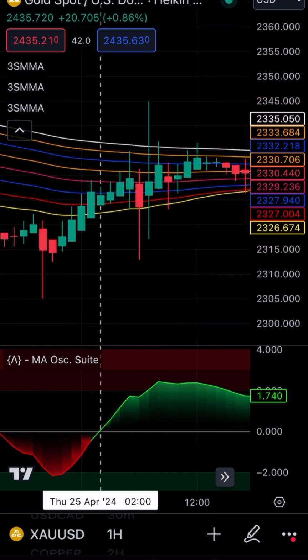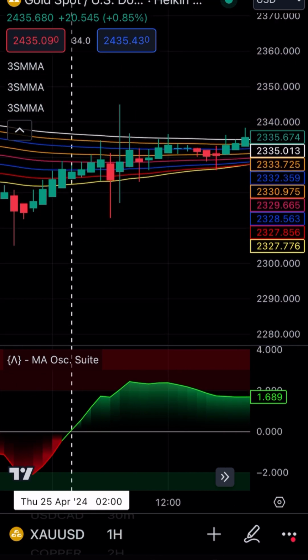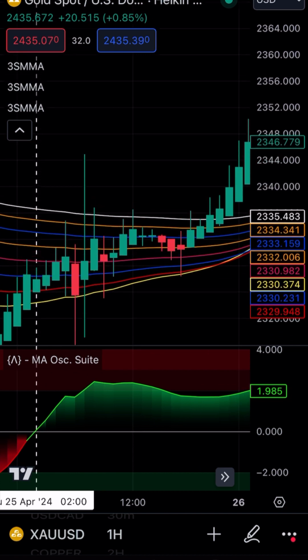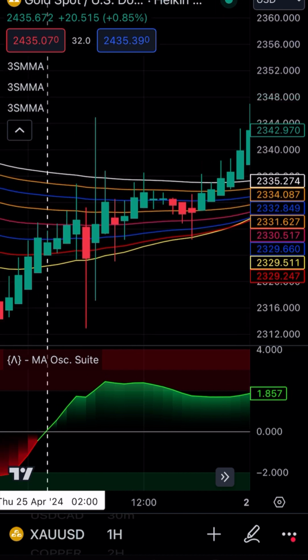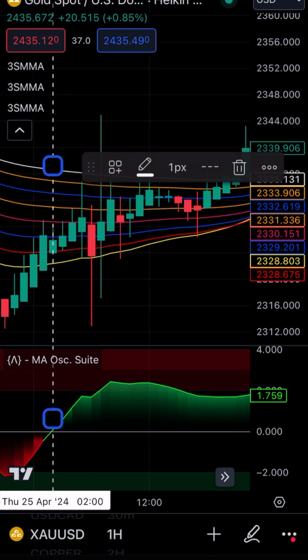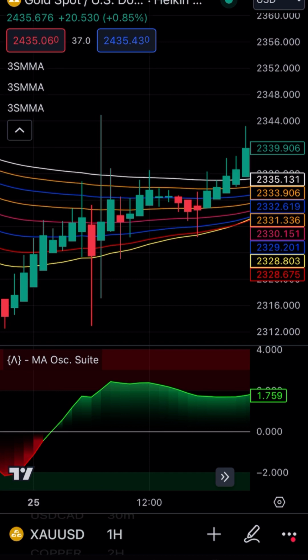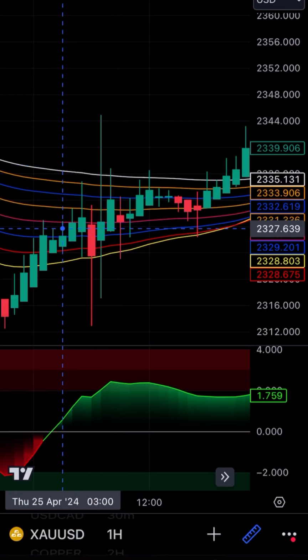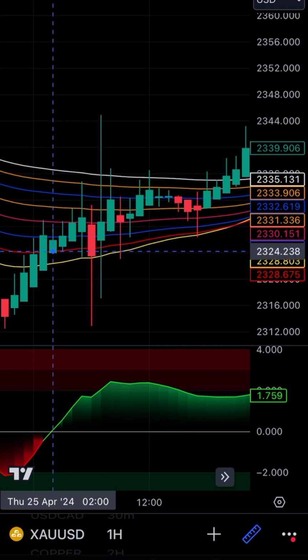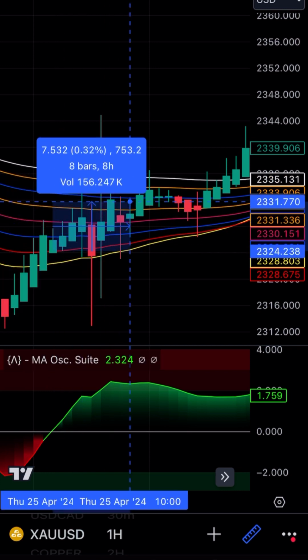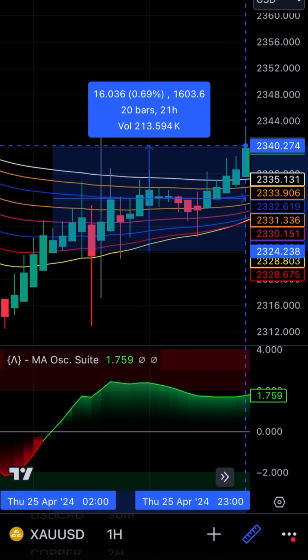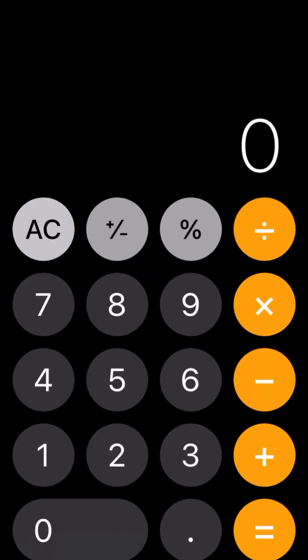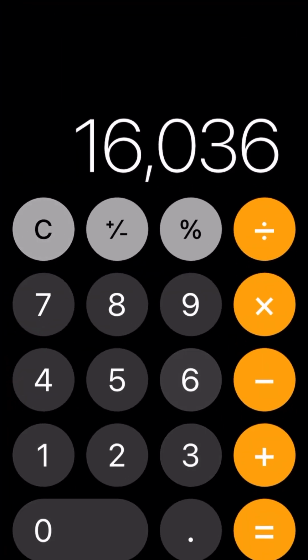See if I got one more. I got one more here. Now check this one, and then I think you guys get the general idea. So we see right here that it has crossed up on the zero line, and if we rode this out to the top, let's just say right here, this is a 1636.